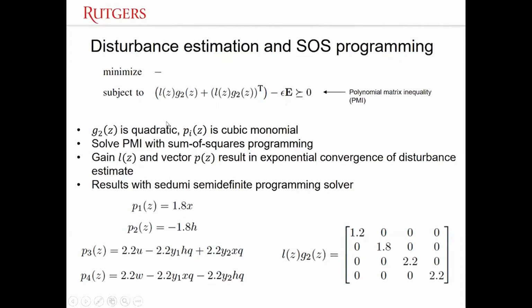For the case studied, we see that the disturbance to state mapping G2 of Z is in fact quadratic, and we propose an auxiliary vector which is a cubic monomial. After solving the following PMI, we find that the gains N of Z and vector P of Z in fact result in exponential convergence of the disturbance estimate, and the results are shown here. These are computed using the SeDuMi semi-definite programming solver.